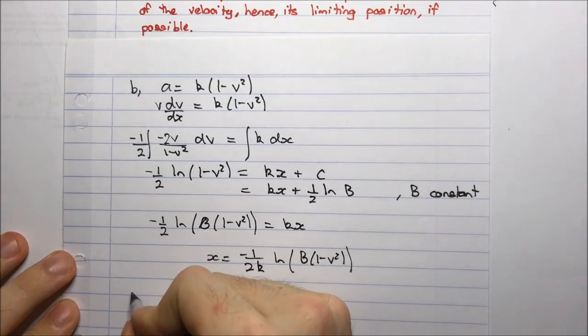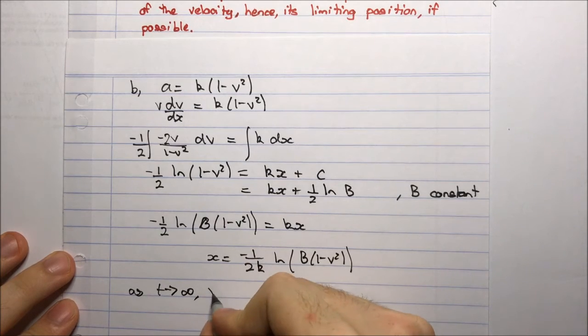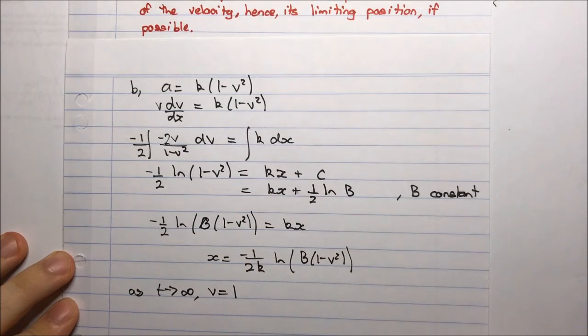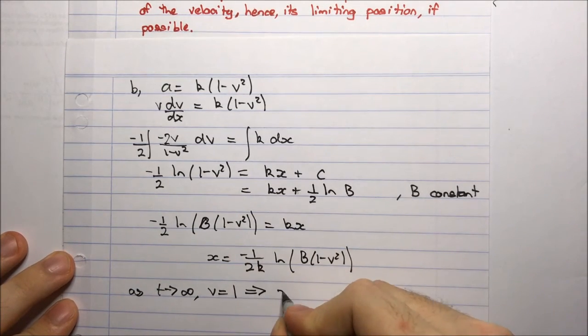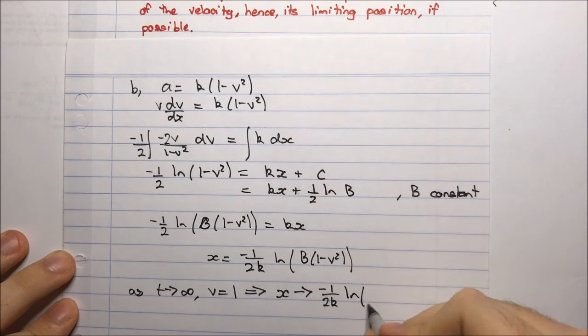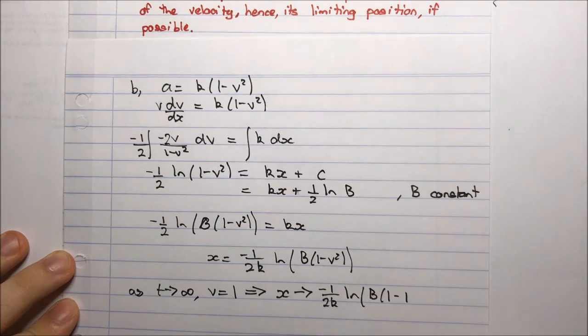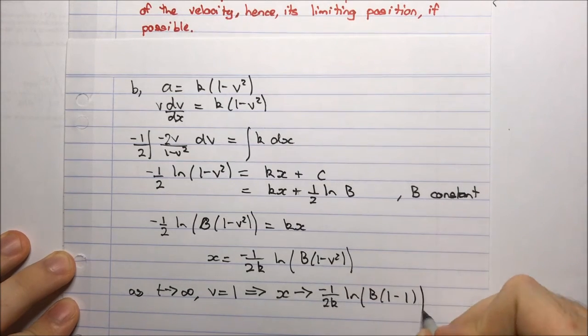So, as t approaches infinity, our v is going to equal 1, and so that means that x is going to approach minus 1 on 2k log of b into 1 minus, well, 1 squared is 1. And what's this? Well, this is log of 0.